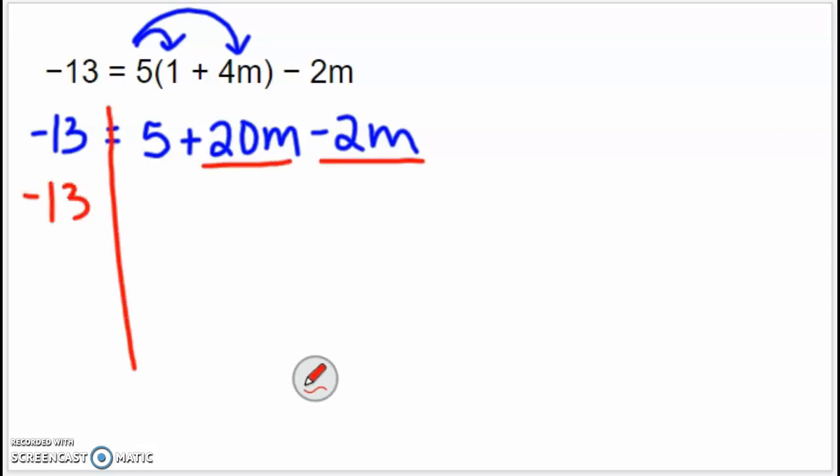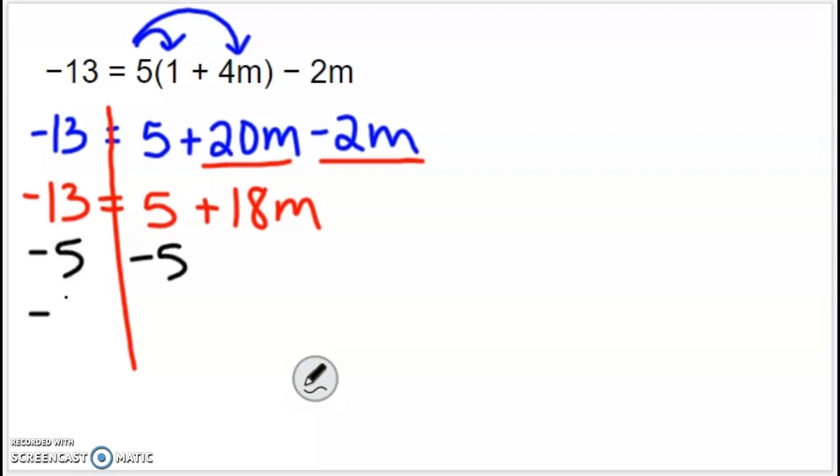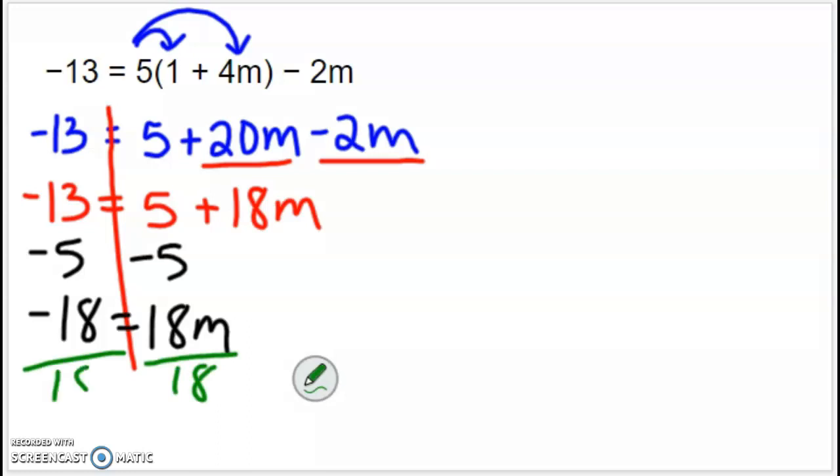So I'm going to rewrite it: negative 13 equals 5 plus 18m. Next, I'm going to subtract 5: negative 18 equals 18m, and then I'm going to divide by 18. So I get negative 1 for my m.